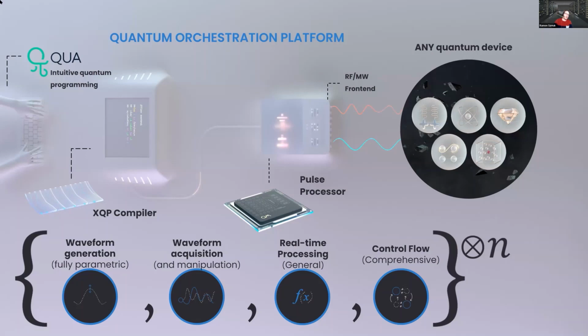Every QUA program generates a sequence of pulses and analysis of returning pulses that is fully programmable, and so effectively allows you to generate a new instrument just by changing the QUA code that is running on the pulse processor at a particular moment.